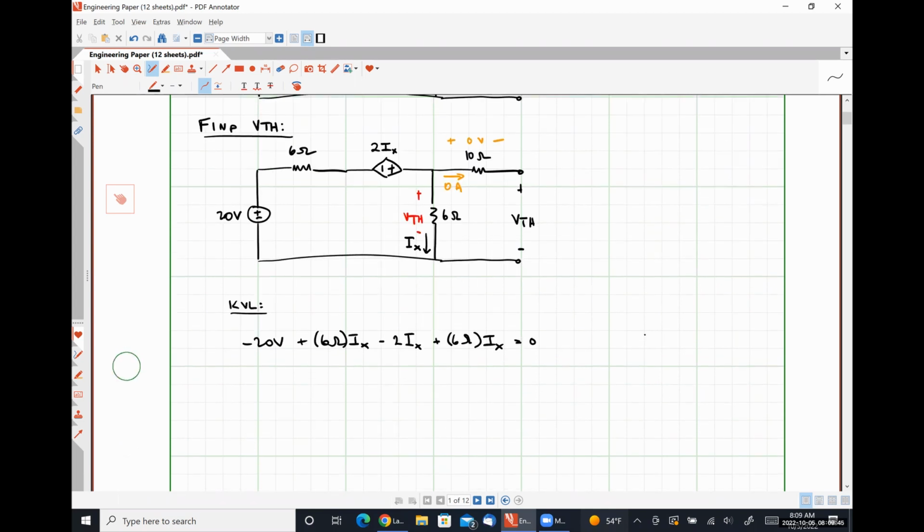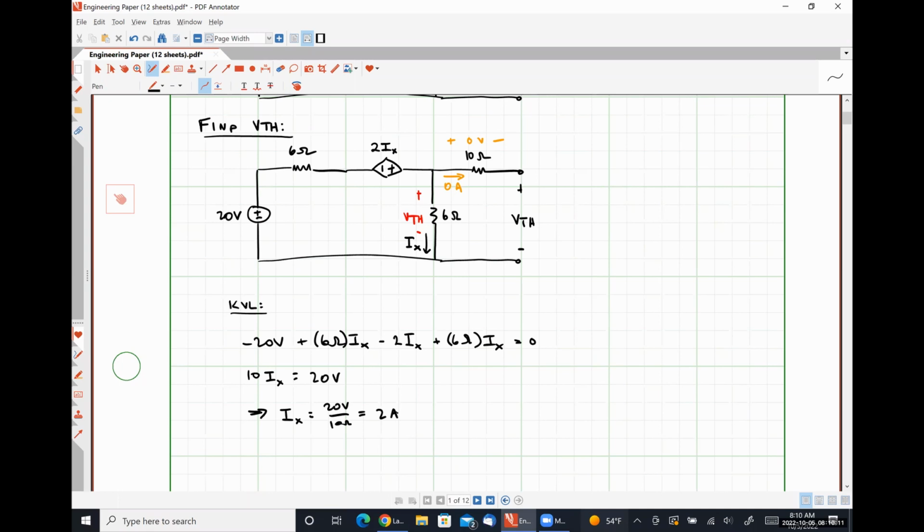And with a little bit of algebra, we can see that 10 Ix is equal to 20 volts. And from here, Ix is simply 20 volts over 10 ohms. It's 2 amps.